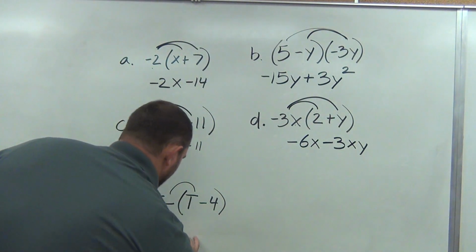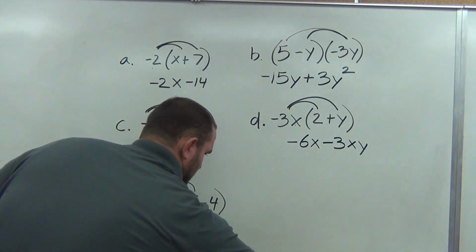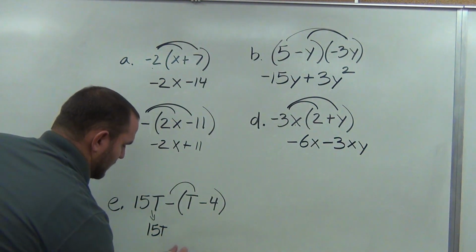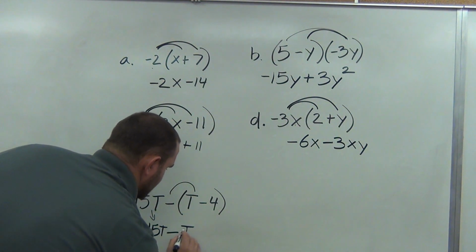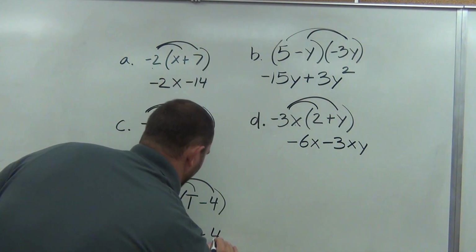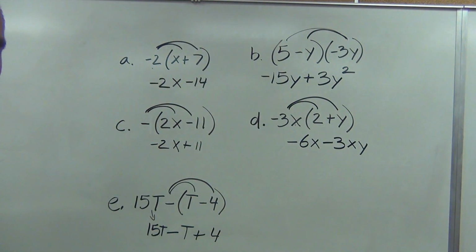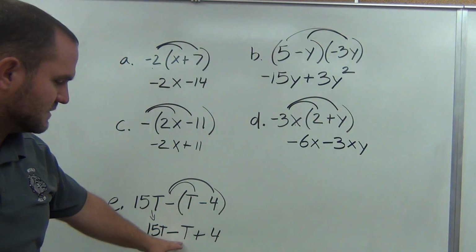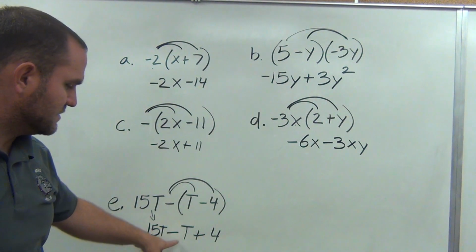So now I have a -t, let me make this a little bigger for you, -t, +4. Now hopefully you caught that there are like terms in here. This one is a 15t and this one is a -t. These two are like terms.